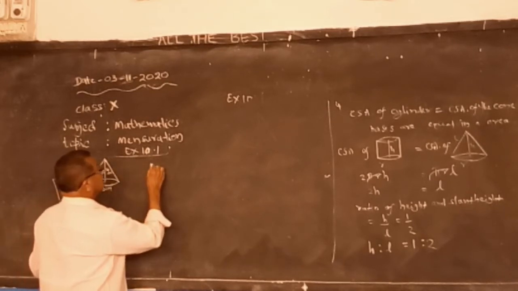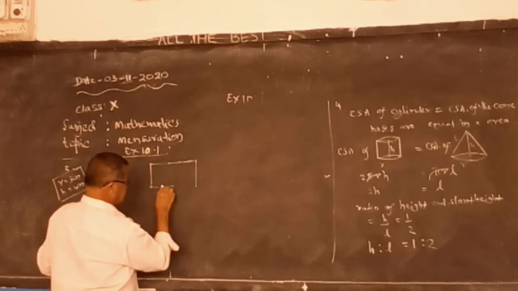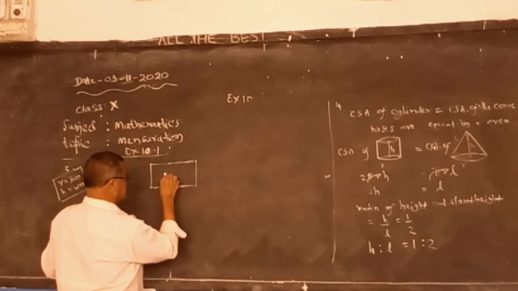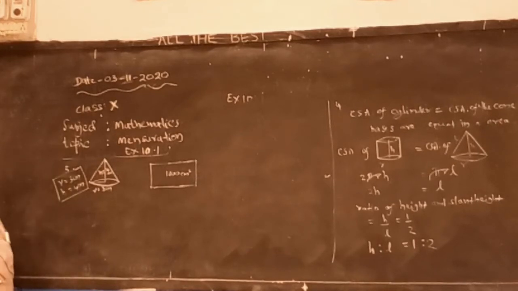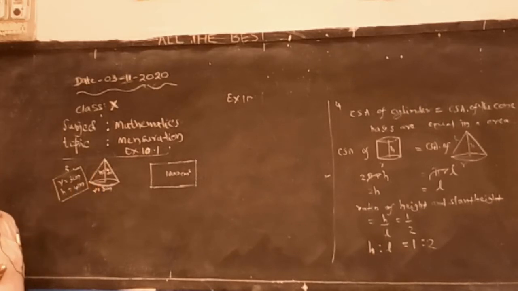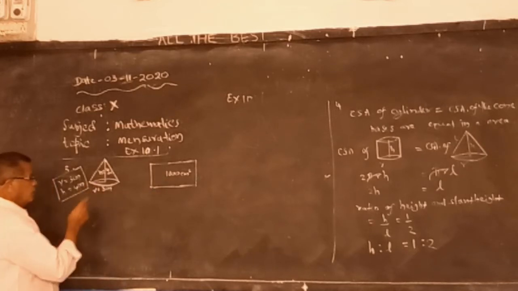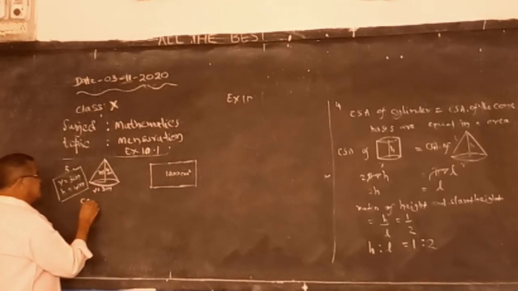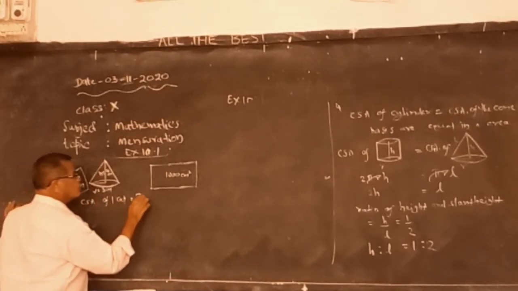See, we have this rectangular sheet of paper, 1000 centimeters square area. How many cones will be prepared? So let us find the CSA of one cap, and how many caps can be made from this sheet of paper. We have to divide. Now see, CSA of one cap is equal to pi r l formula.